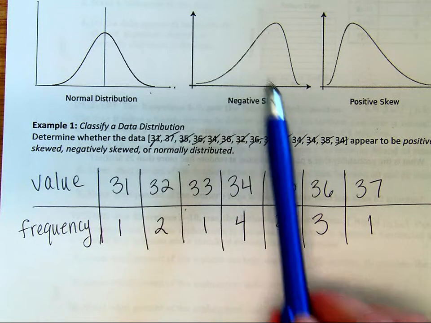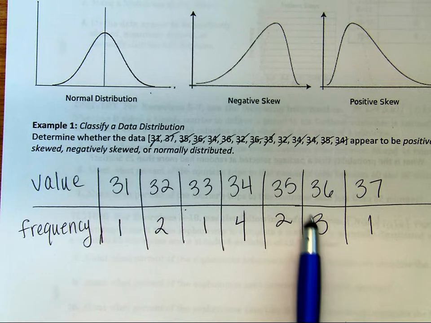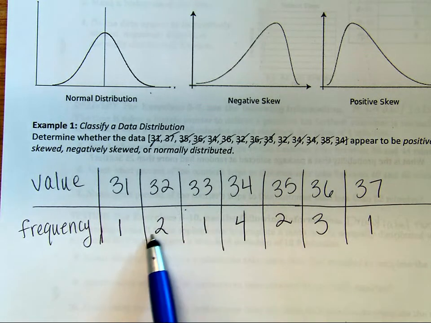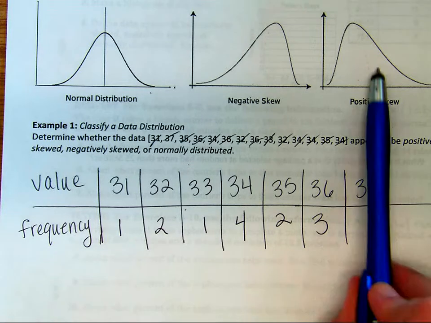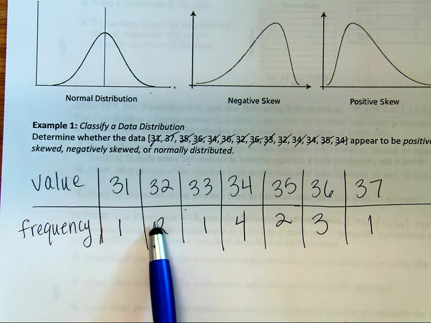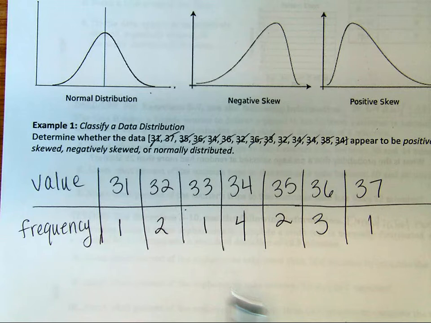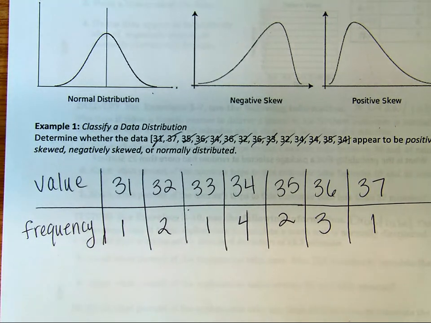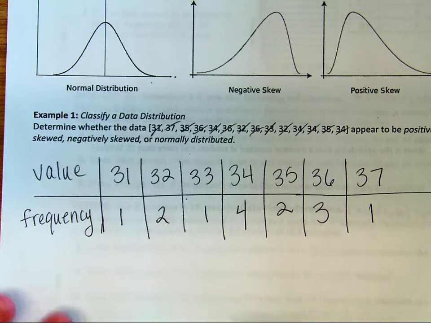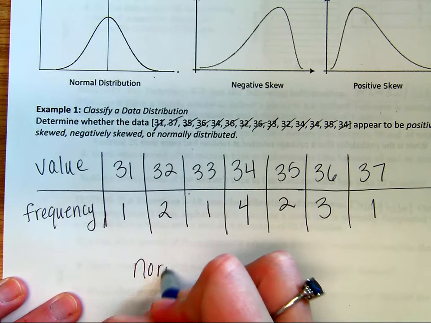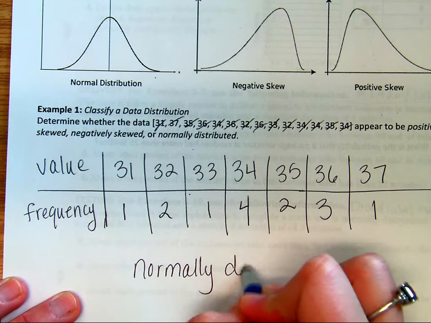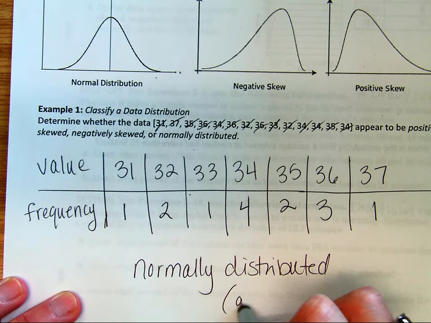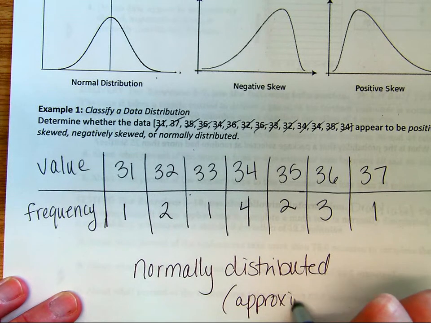If the highest frequency was over here on the right, that would be negatively skewed. If the peak was somewhere on the left side and then it worked its way down over here, that would be positively skewed. But since the peak is in the middle, it's approximately symmetric. So this wouldn't be exactly normally distributed, but that's what it's closest to. So I'll say normally distributed, and then if you want to add the little disclaimer, approximately.